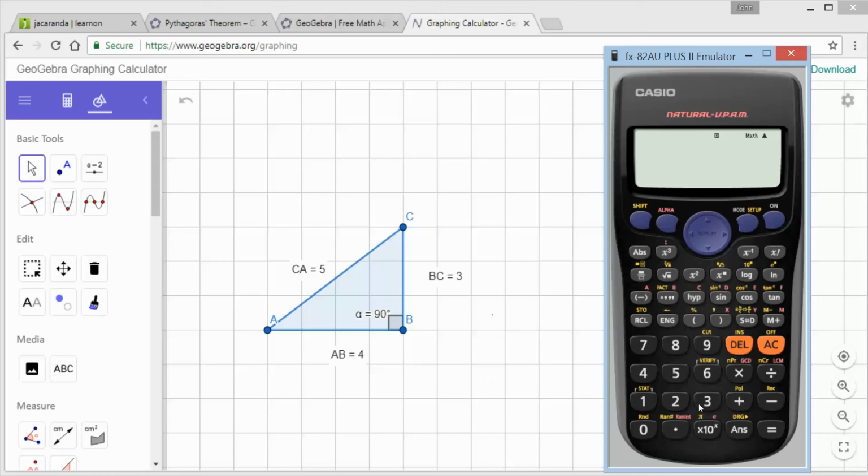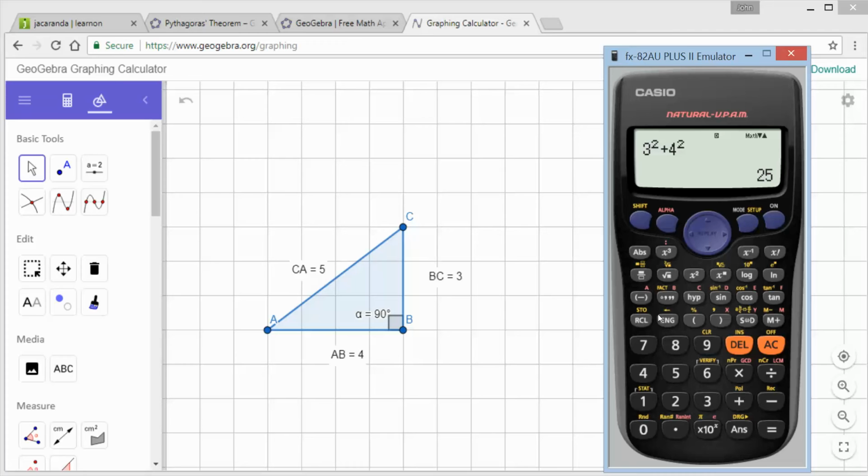Let's check this one. 3 squared plus 4 squared equals 25, and of course 5 squared is 25. So there's a relationship that's always true for right angle triangles: the squares of the shorter sides, BC and AB, added together will always equal the square of the longer side, the hypotenuse, which in this case is 5, which is 25.